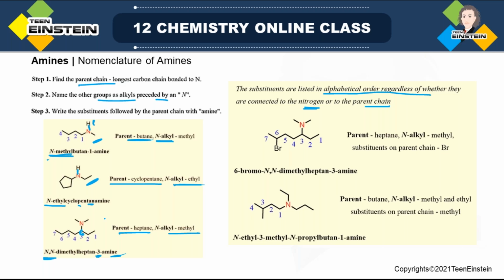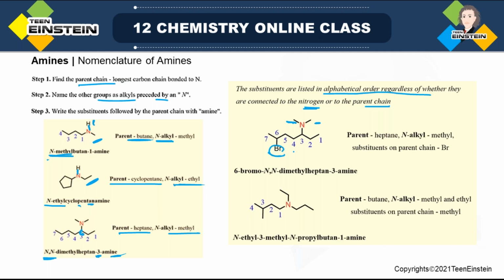In the last 3 examples you do not have that, but in this example if you see these 2 methyl that are connected to nitrogen, but we also have a third substituent which is bromine, and the longest chain is 7 carbon and in the 6th position bromine is there. Now we have 2 methyl group, 1 bromine.